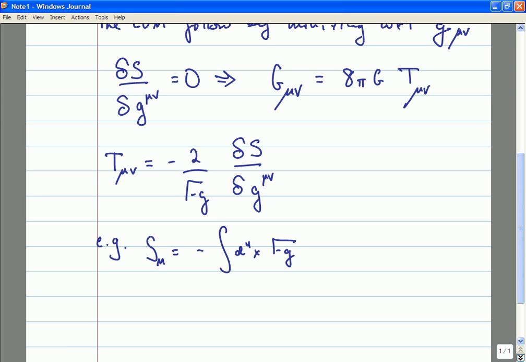Instead, the only thing that you can integrate is the square root of minus g times a constant, which we conventionally normalize to be minus lambda over 8 pi G, where lambda is just a constant, which is known as the cosmological constant.